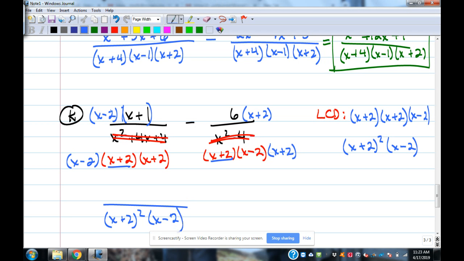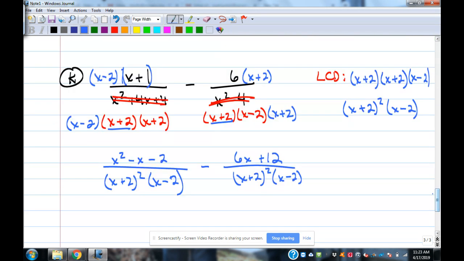And then the numerator there is going to be x squared minus x minus 2. Minus, and then it'll be 6x plus 12. And then we have x plus 2 squared, x minus 2. So all that stuff, and we hadn't done any of the math to get the problem done yet. Just getting it ready to work.